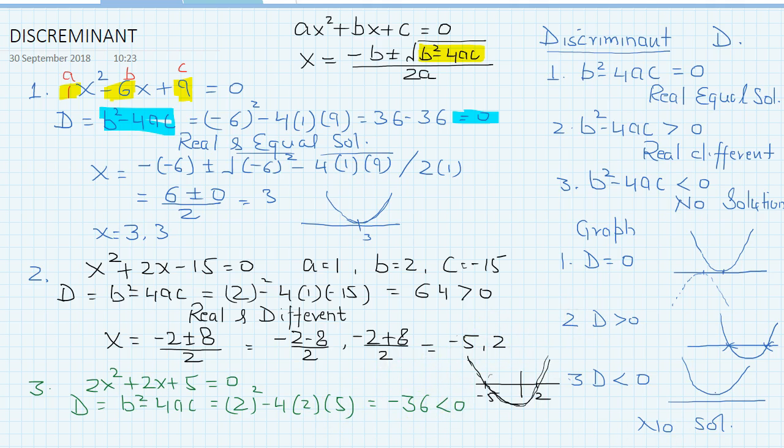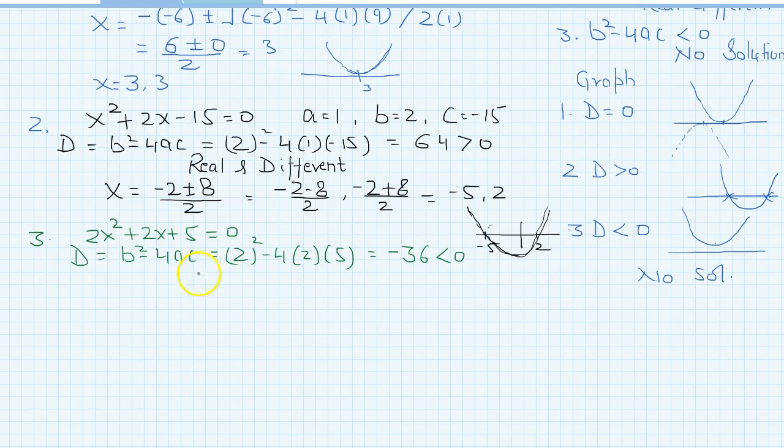So if it is less than 0, we can say it is having no real roots. And the solution will be x is equal to minus b, that is minus 2, plus minus root b square minus 4ac, that is root minus 36, over 2a.